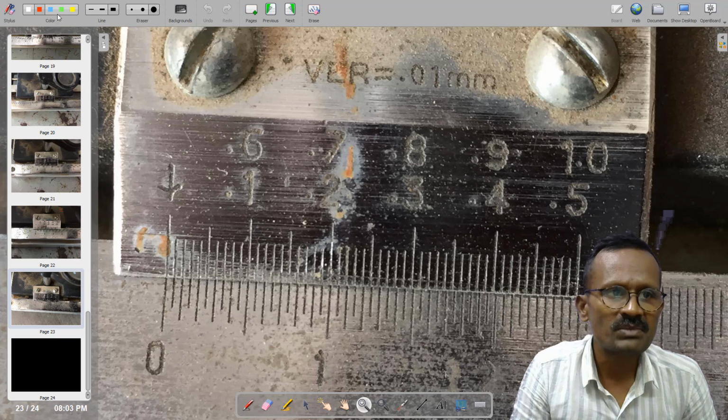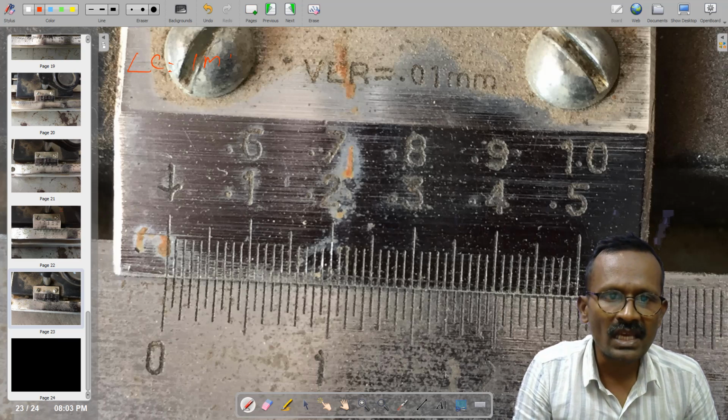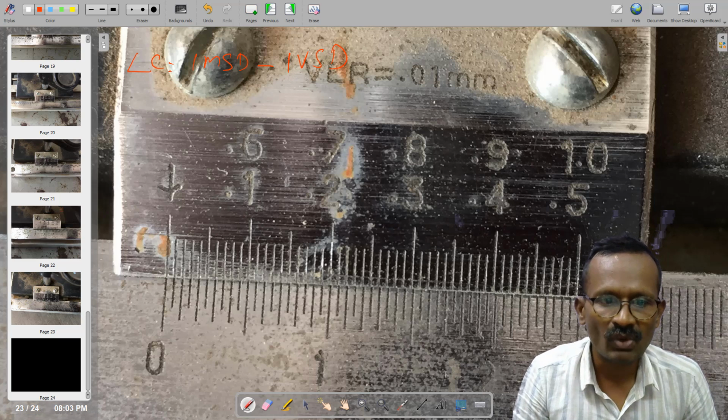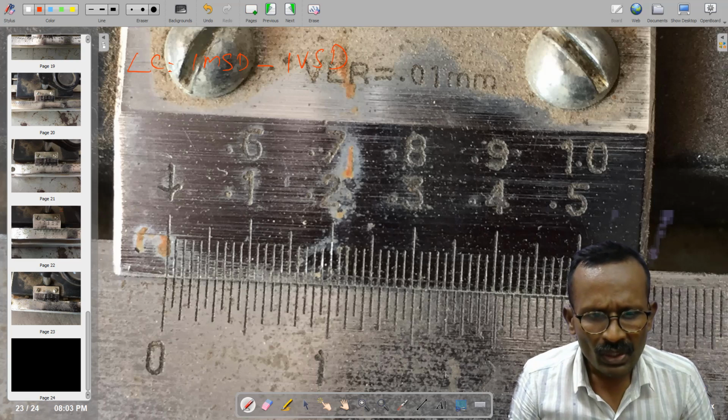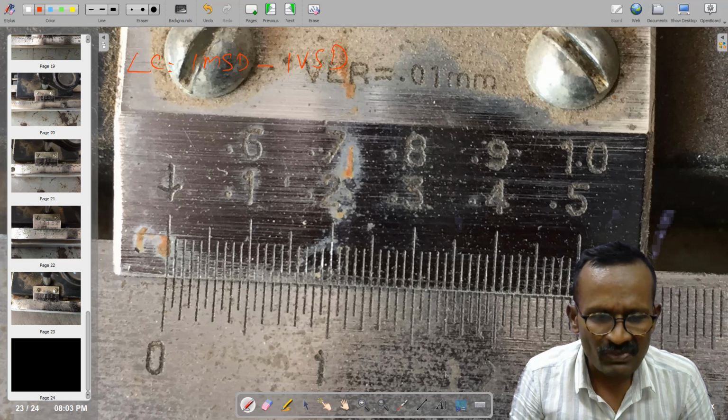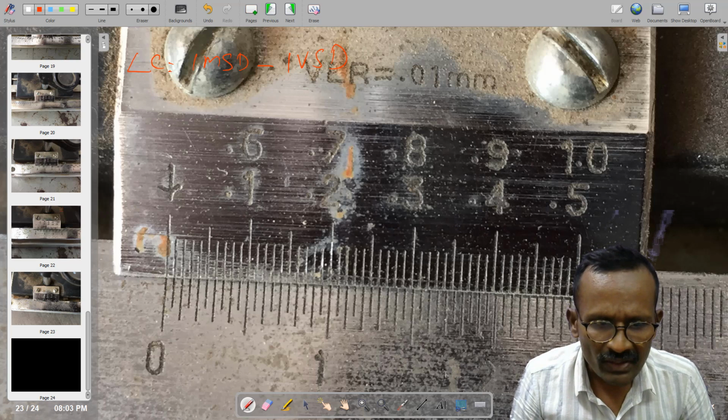See, I told you what least count means: one main scale division minus one vernier scale division. This value should be subtracted from this value. This gap is 0.05 centimeter.